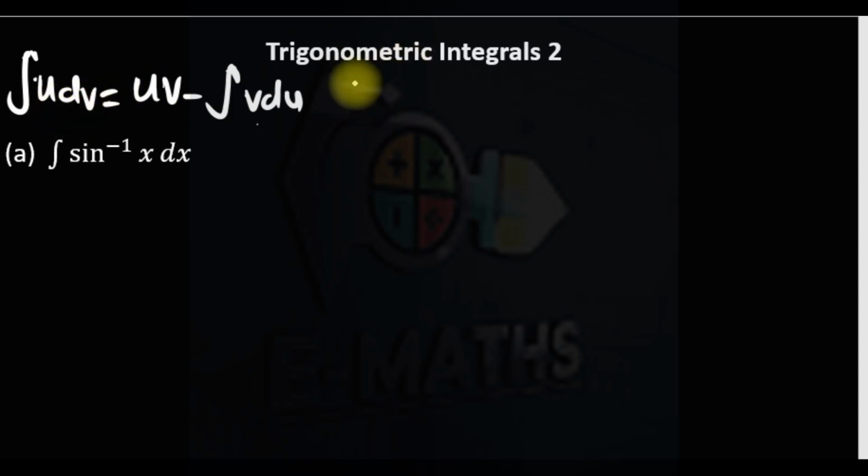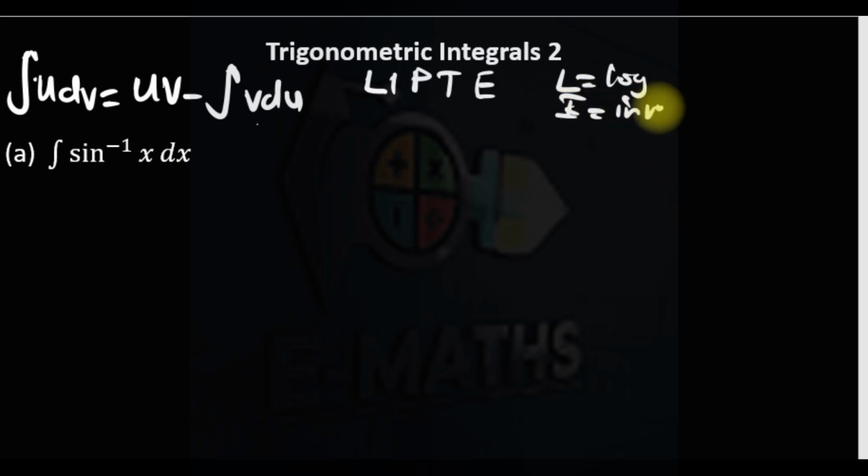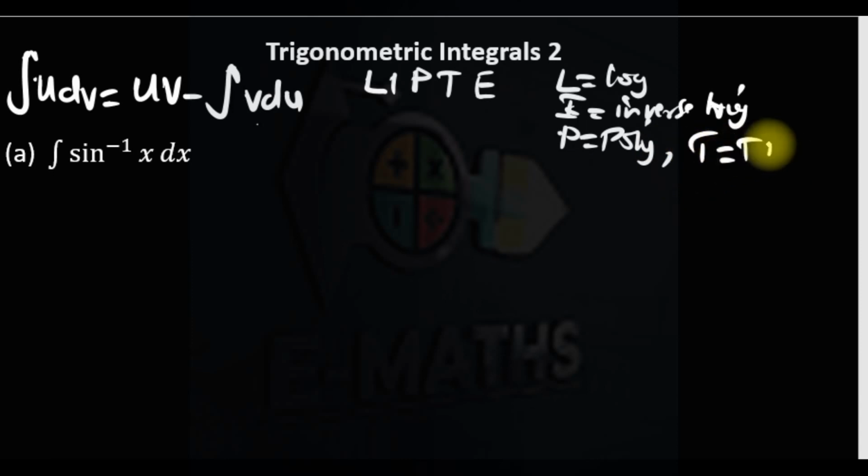So you always use LIPET to know which one, where L is the log function, if you see any logarithm function, I is inverse trig function, polynomial, T is trig, and finally E is exponential function. So that's the order of u.